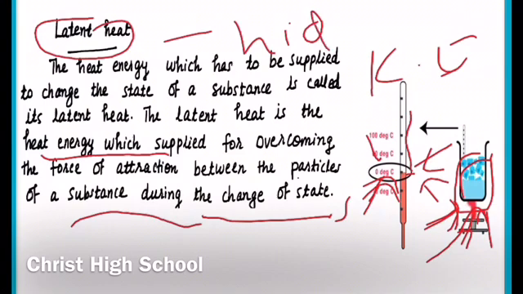That means this heat energy is hidden inside the matter because it is utilized for overcoming the force of attraction. It is not utilized for increasing the temperature of the substance. So this hidden heat, utilized for removing the force of attraction between the particles during change of state of matter, is called latent heat.